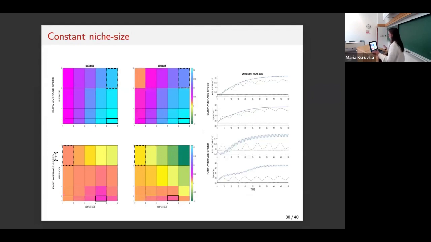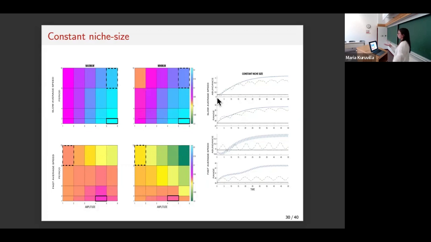I'm going to talk only about abundance in this case, but the main takeaway that I want to give here is that with a constant niche size, we can see an increase in population abundance compared to the case of no variation. What we're seeing is essentially a kind of compounding effect of what we saw previously with that increased abundance.